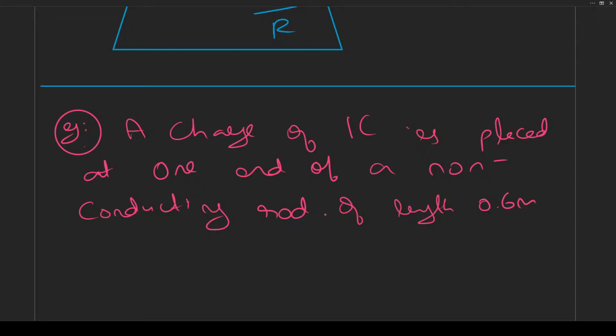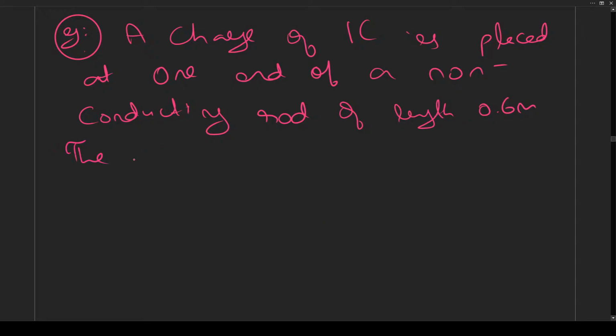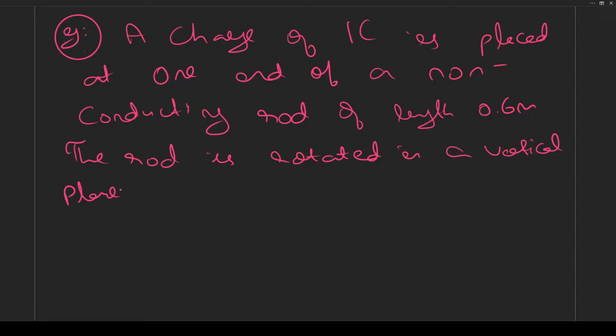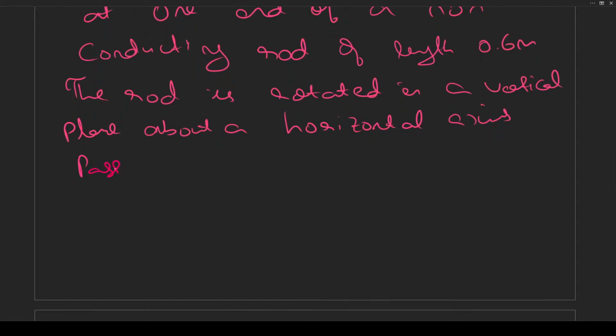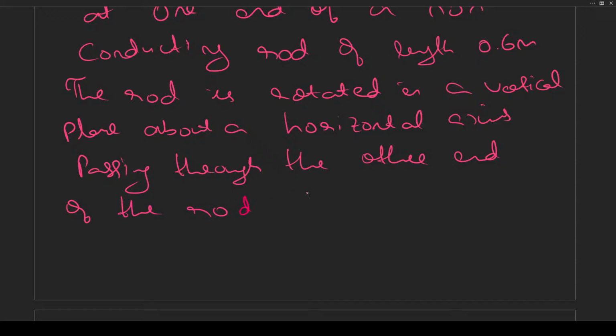The rod is rotated in a vertical plane about a horizontal axis passing through the other end of the rod with angular frequency 10 power 4 pi radian per second.